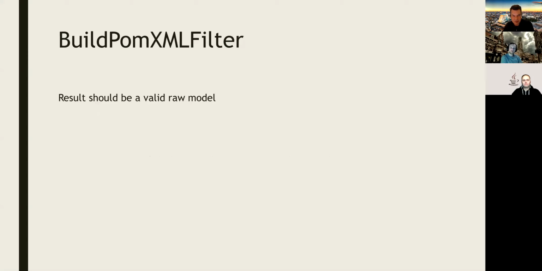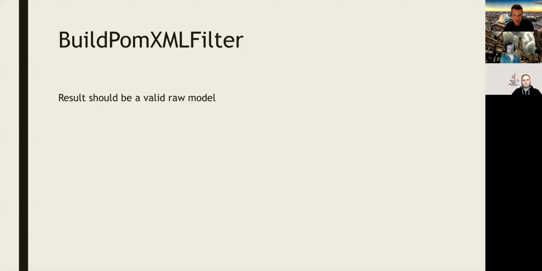So this build POM XML filter should result in a valid raw model. If you take a look at the current validation rules for a raw model, it will say that your parent must contain a version. One of the things we can do right now is say in the file model, okay, we can remove the version of the parent because we can calculate it based on the relative path.